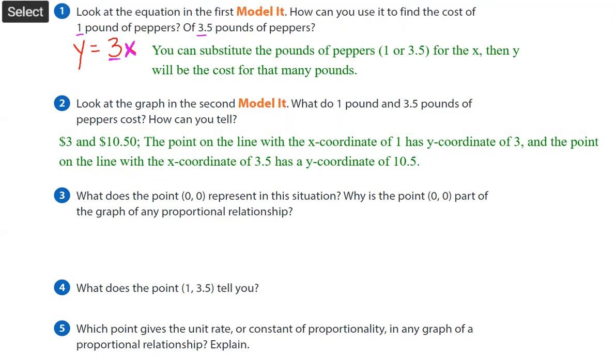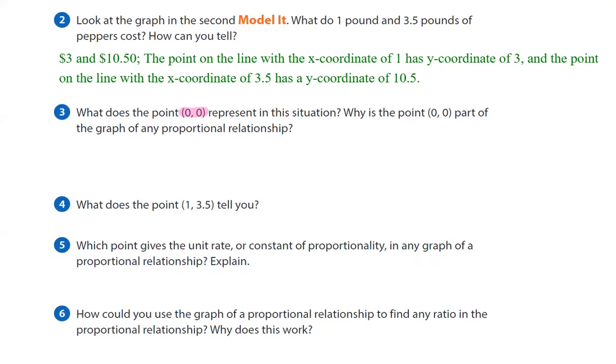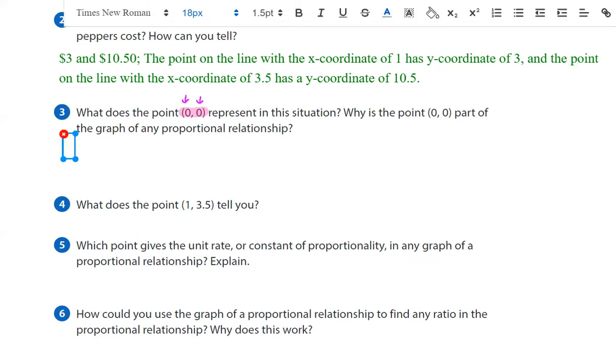Alright, now let's talk about the origin a little bit. So remember, 0, 0 is called the origin. And it's asking us first, what does the point 0, 0 represent in this situation? Well, if x is our peppers and y is our dollars, it represents 0 pounds of peppers cost how many dollars? $0.